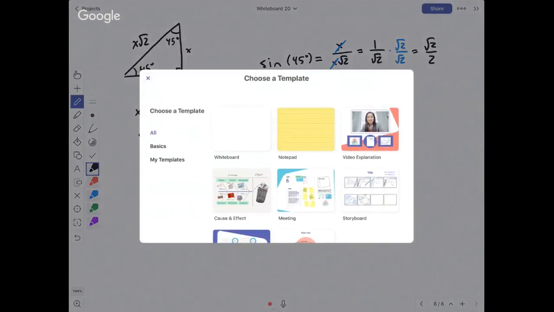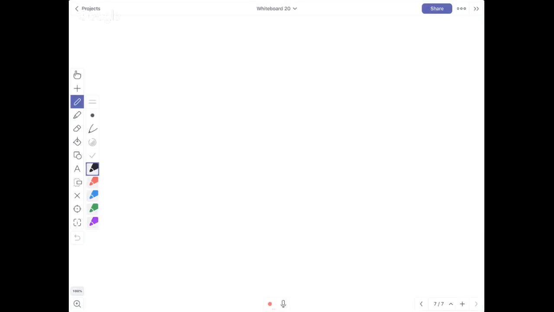And then let's try a 30, 60, 90 in the last 5 minutes. So there's my classic 30, 60, 90 triangle. 60 degrees, 30 degrees. I know that this is half of an equilateral triangle. So I'm going to draw in that equilateral triangle.